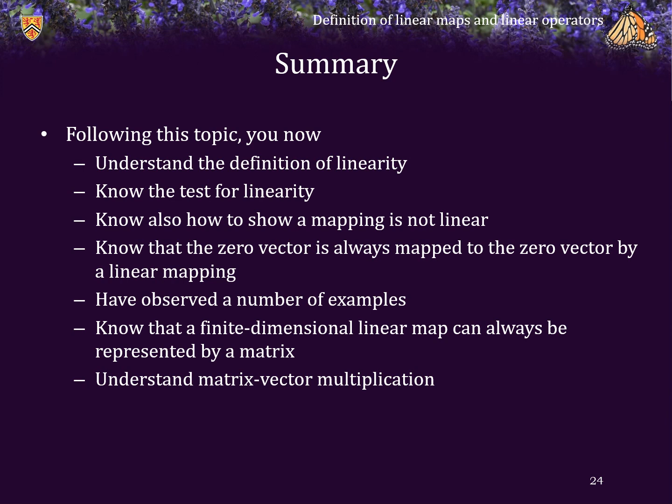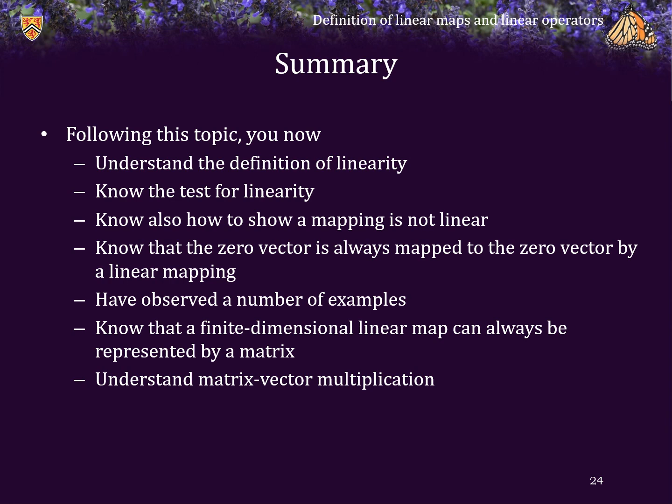Following this topic, you now understand the definition of linearity for mappings between two vector spaces. You also know the test for linearity, and you know how to show a mapping is not linear.